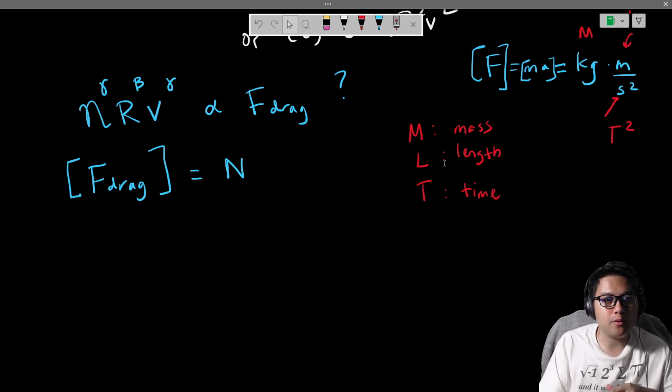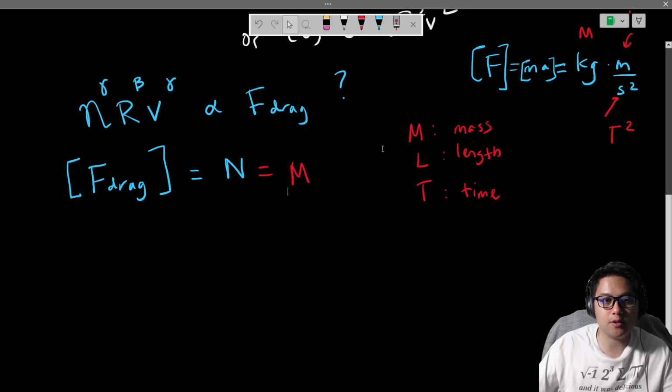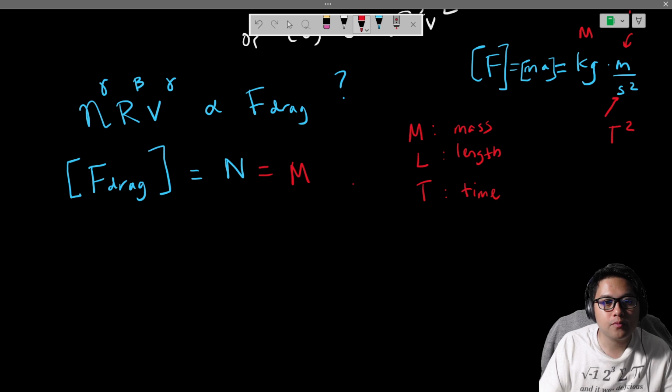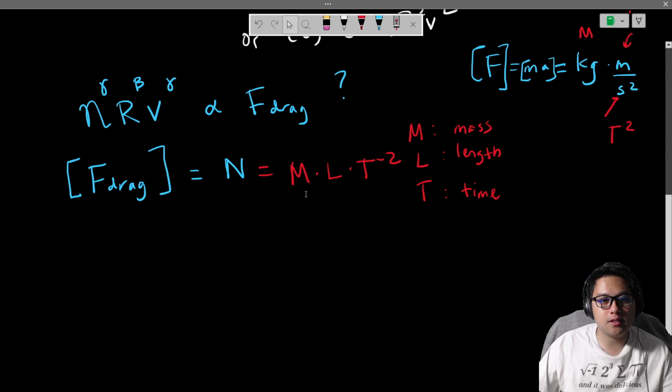So for example, newtons can be thought of as a mass, like we said over on the right-hand side here. It's a mass because it's a kilogram times a length, and then we're multiplying by a time to the minus 2. So this is what force generally has to equate to in terms of its units. It's a mass times a length times a time to the minus 2 power.